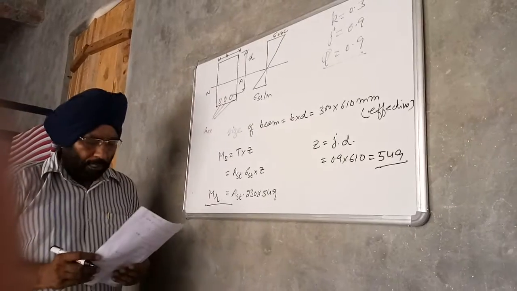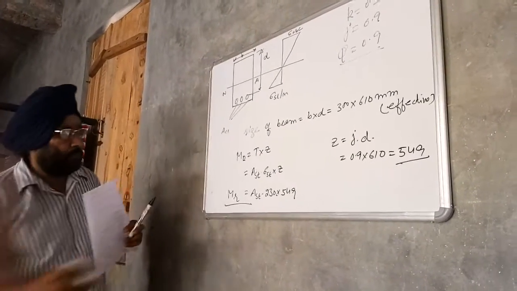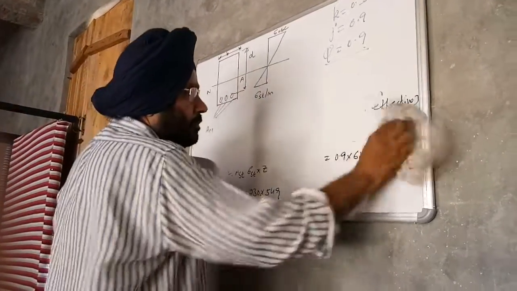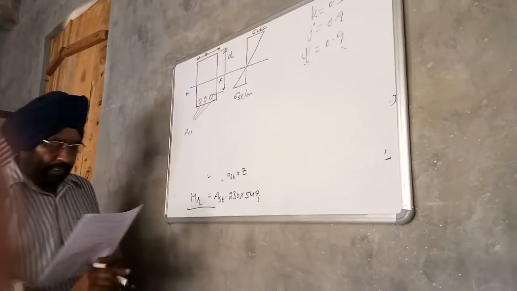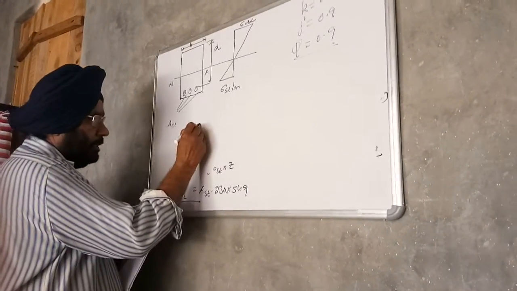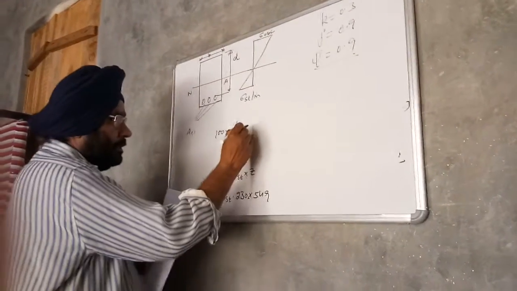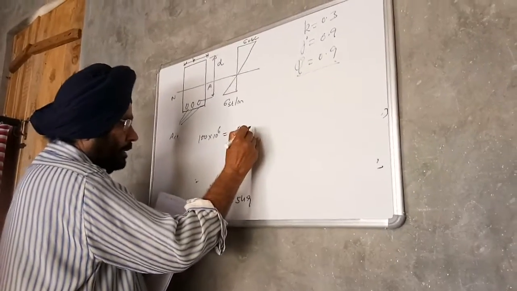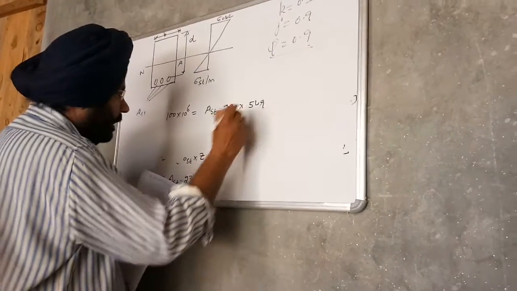Then the moment of resistance is equal to the bending moment. So it means the bending moment of the section is 100 into 10 raised to the power 6 Newton millimeter. This is AST into sigma ST into Z, 549.